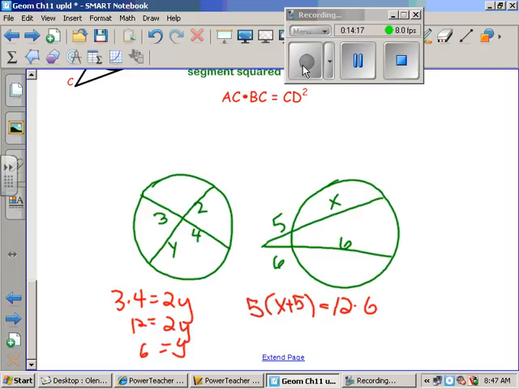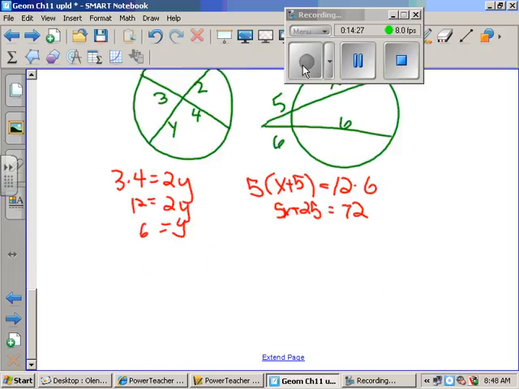Right. Exactly. So I get 5x plus 25 equals 72. Subtract 25, I get 5x is equal to what, 47? And divide by 5, and I get x is equal to 9 2/5.